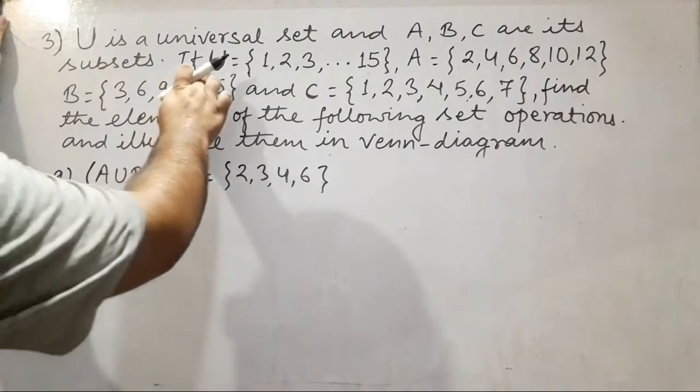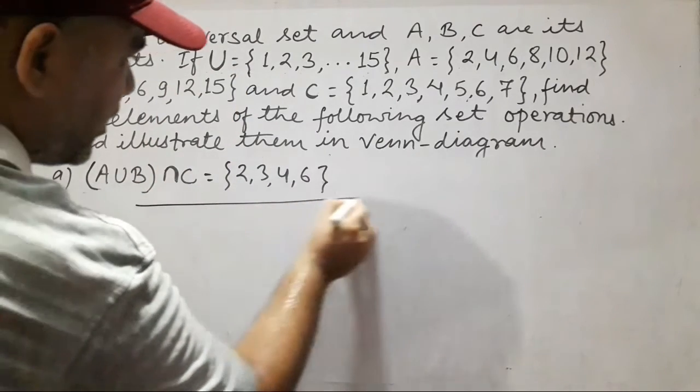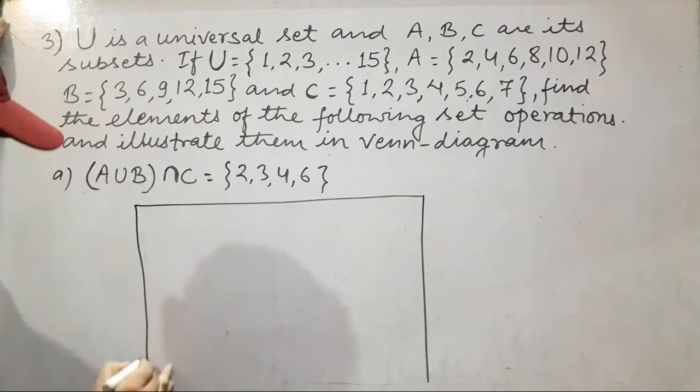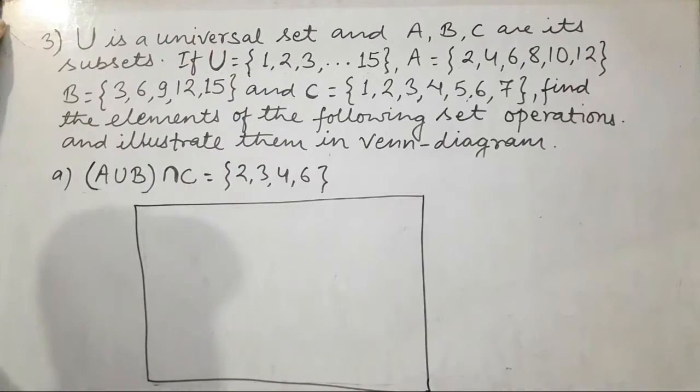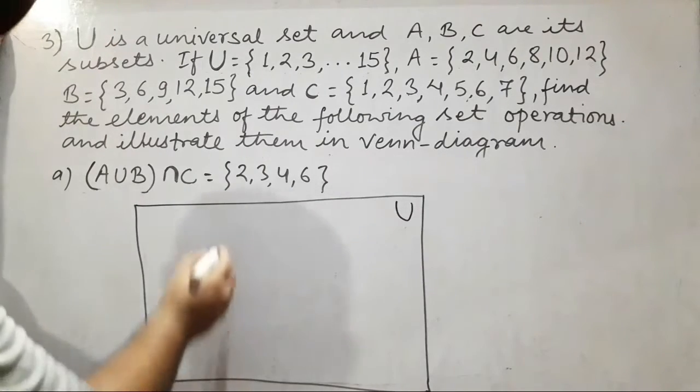Now since the universal set U is given, we have to make a rectangular box. In the previous question, the universal set was not mentioned, so we had not made this rectangular box, but now we have to.